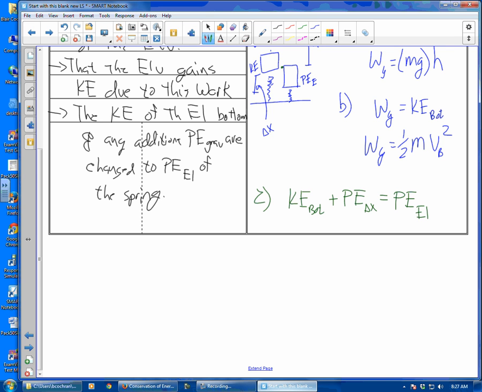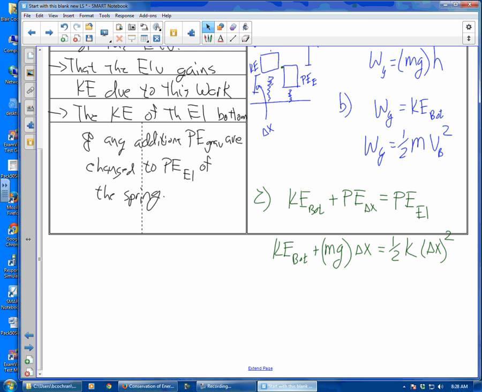So kinetic energy at the bottom is a value that I have from part B, really, or part A. This is going to be its weight and the change in height, which will be our delta x. And then over here, remember it's 1/2 the spring constant k, times delta x squared. And it's delta x that we're looking for.